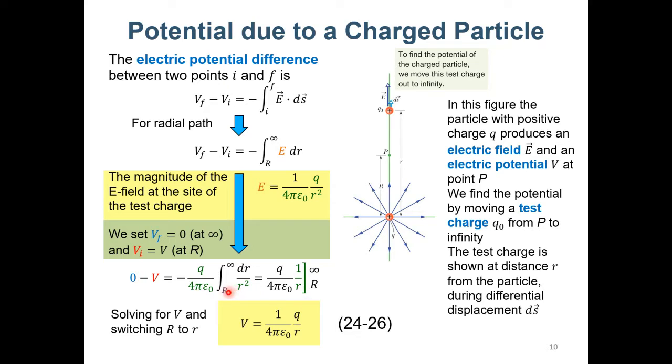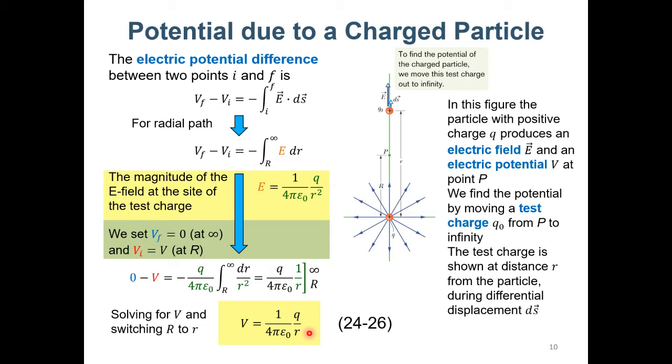Maybe we can make it small r, and this is r prime, but it's fine. Finally, there's a minus sign here, so if we subtract this term, we will also have a minus sign. So finally V would be something like this, 1 over 4 pi epsilon naught Q over R.